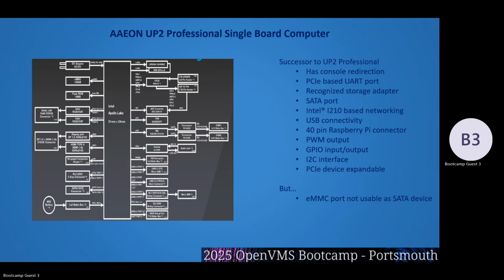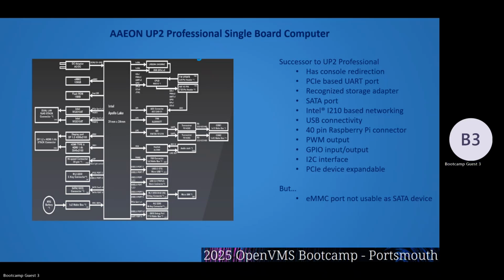But look here, Intel i210. VMS knows how to talk to an Intel driver. There were some engineers and myself, one of which is in this group, that did some late night correspondence. And within a very short period of time, there was a driver that allegedly would run this chip.